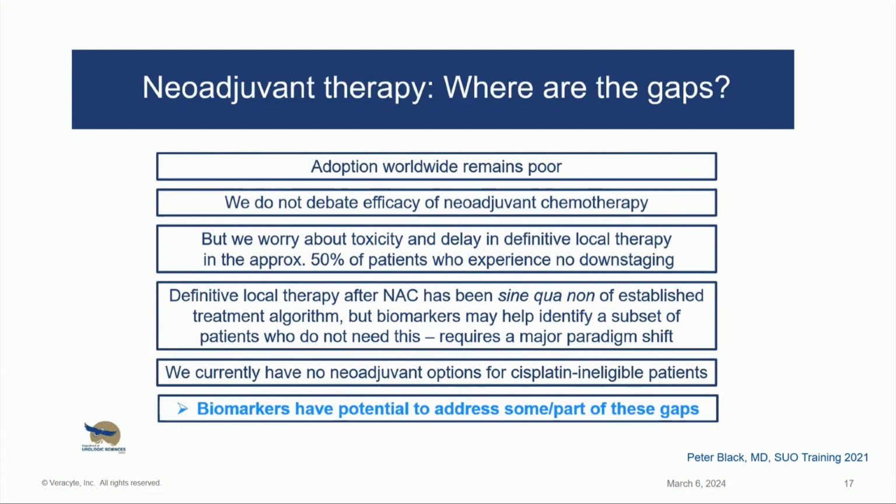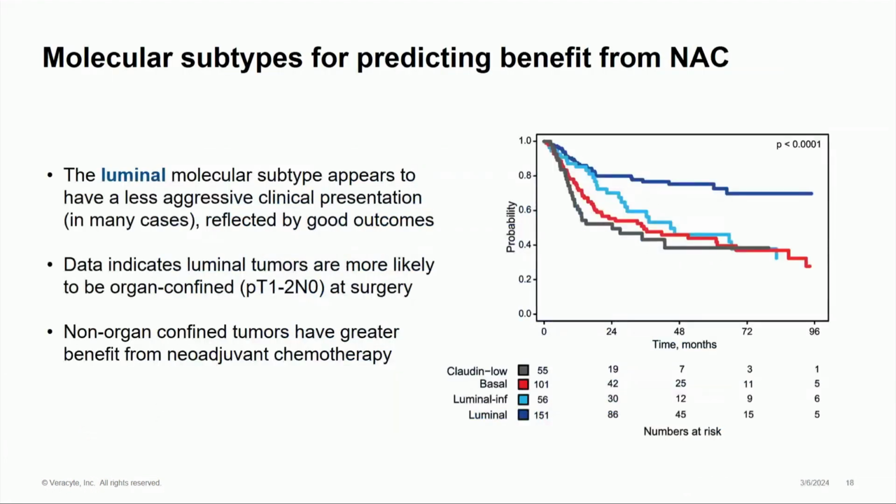So I'll show you a little bit of data around why we think we can avoid chemotherapy for some luminal patients. The background is that luminal patients really have a less aggressive disease presentation. We've seen this again and again. This is a large cystectomy cohort. You can see that the patients here with the luminal line in blue are doing quite well compared to the other molecular subtypes.